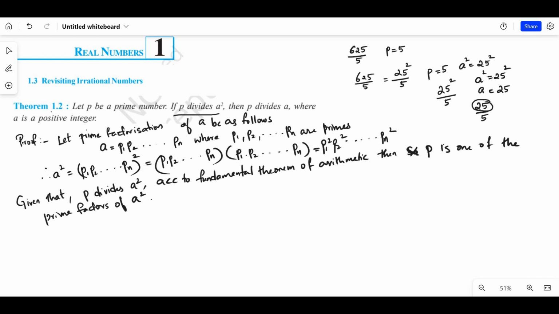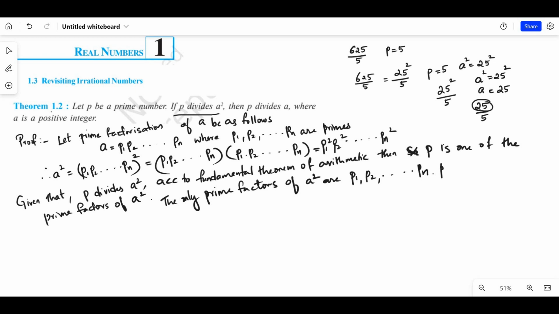However, using the uniqueness part of the fundamental theorem of arithmetic, we realize the only prime factors of A square are P1, P2, etc. Pn.